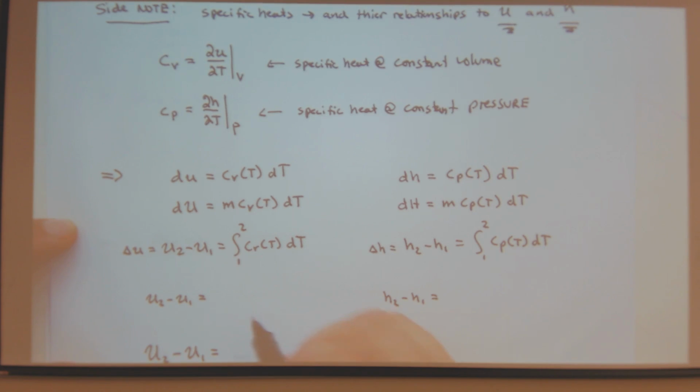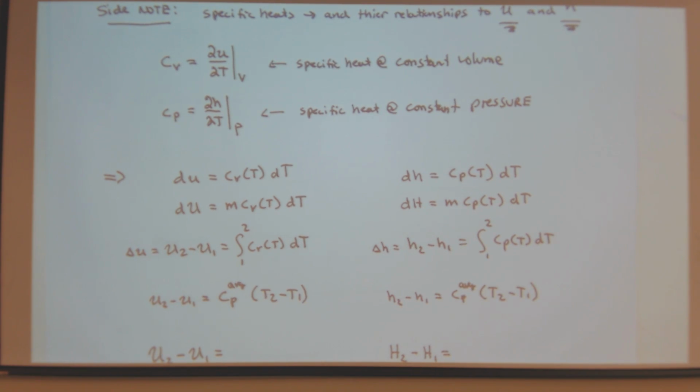Looking at this, I can simplify it: CP average, T2 minus T1.